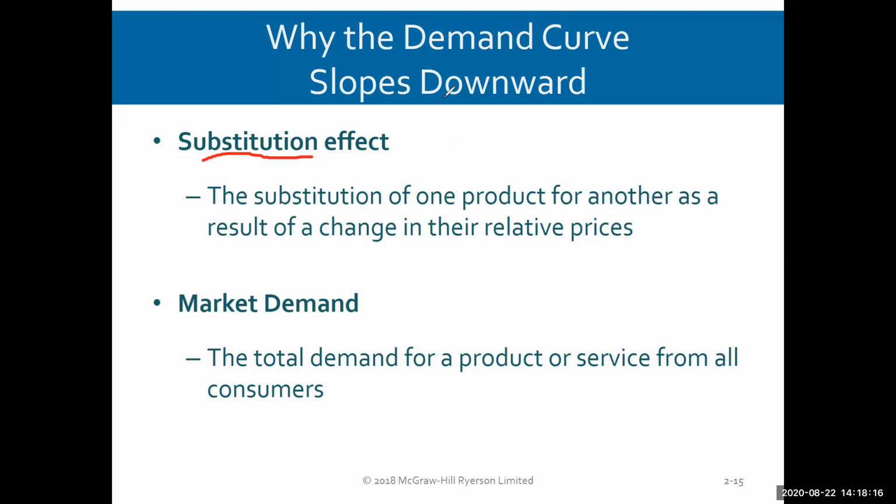And if the price of beer increases, for example, I'm likely to substitute away and maybe buy wine, at least a little bit, because I can drink wine and beer and they're sort of substitutes. So if the price of beer increases, I'm likely to substitute away and buy some wine, and therefore I'll reduce my quantity demanded of beer because there is a substitute I can go to. So that's the substitution effect.